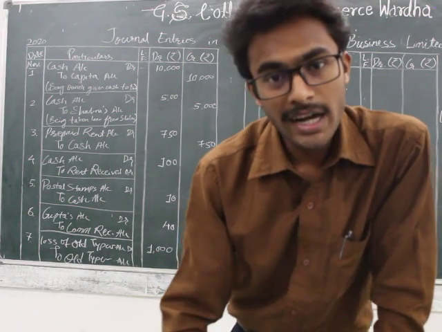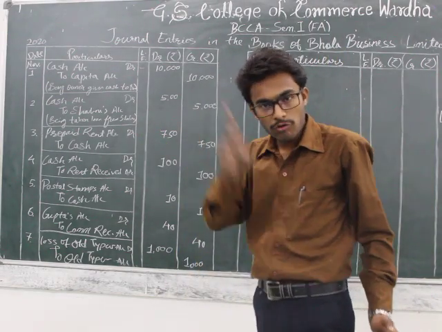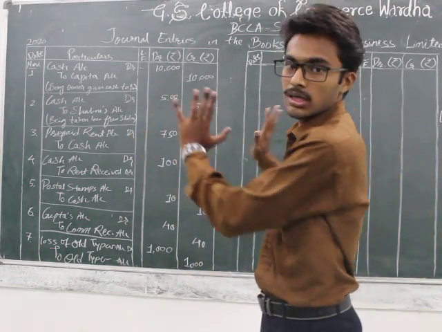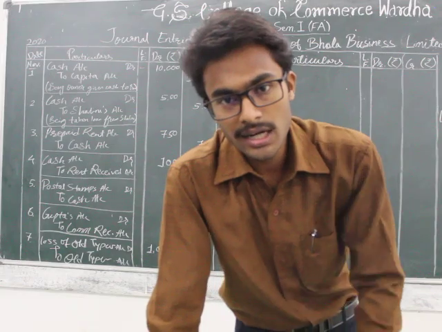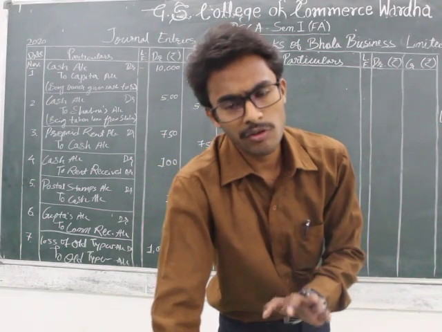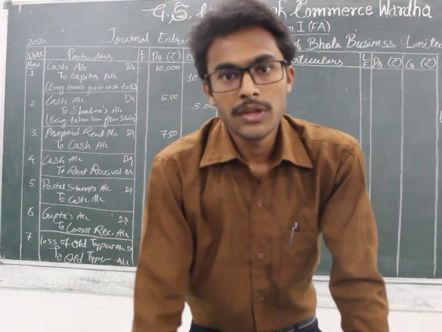You will get your assignment on these types of journal entries, and you have to prepare it in this format only. This lecture is important for you, otherwise you will not understand financial accounting, and it will be more difficult to tackle exams in the near future. Till then, be happy and thank you.